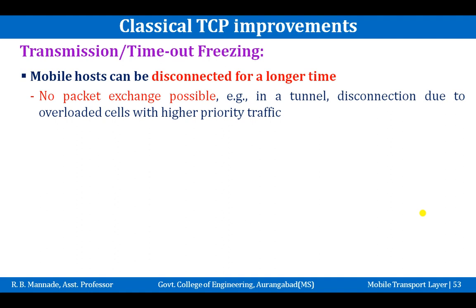The length of the tunnel may be 2 to 3 kilometers, so the disconnection of the mobile node may be very long, and in such a situation no packet exchange is possible until the mobile node has reconnected to the network, right?